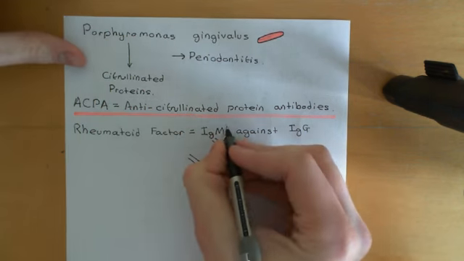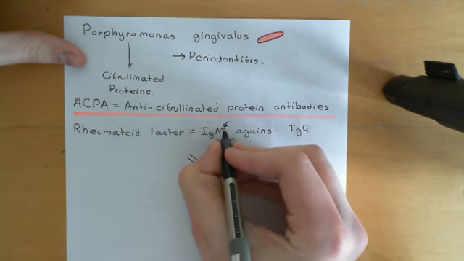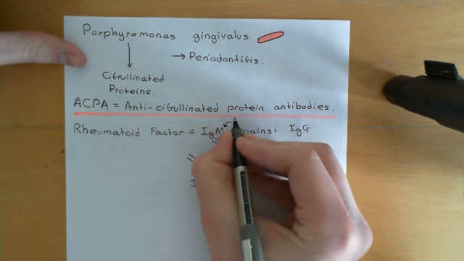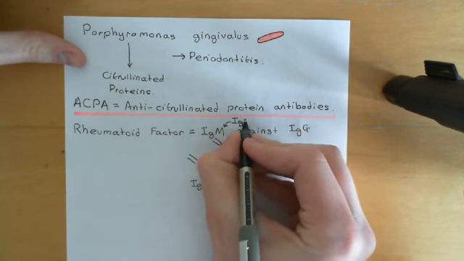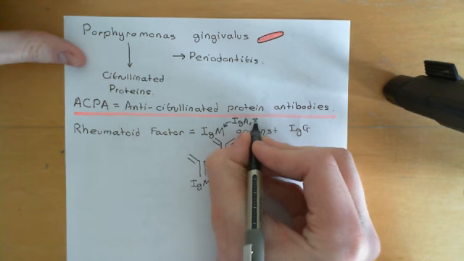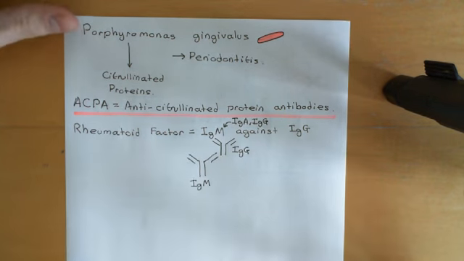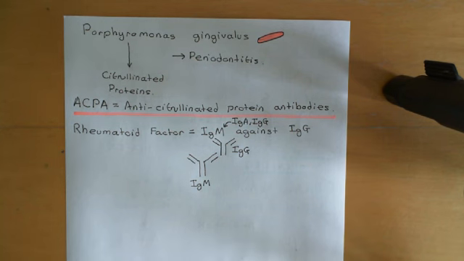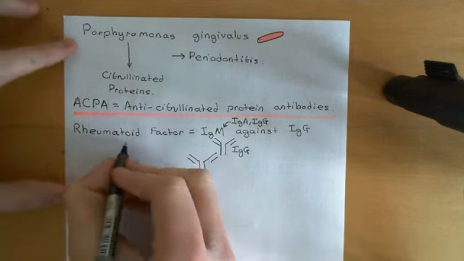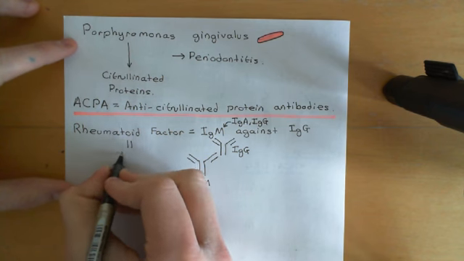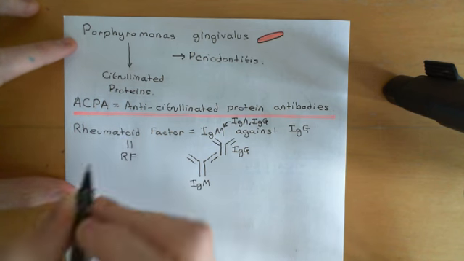Now, it's usually IgM molecules that you get as rheumatoid factor, but you can actually also get IgA type antibodies and IgG type antibodies produced that are capable of binding to the constant region of IgG antibodies. And these antibodies are known as rheumatoid factor, or RF, in the blood.